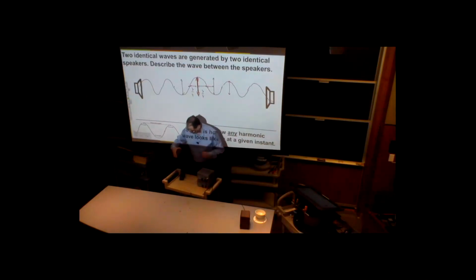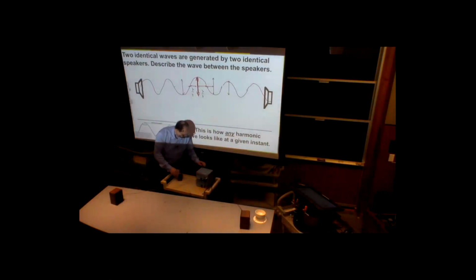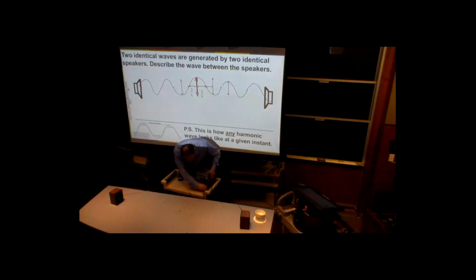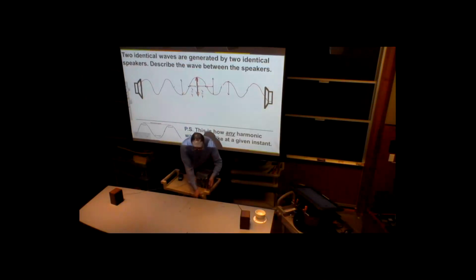And now I don't really need two generators. Actually, I need only one, and they're supposed to be connected to the same generator. That makes them coherent.